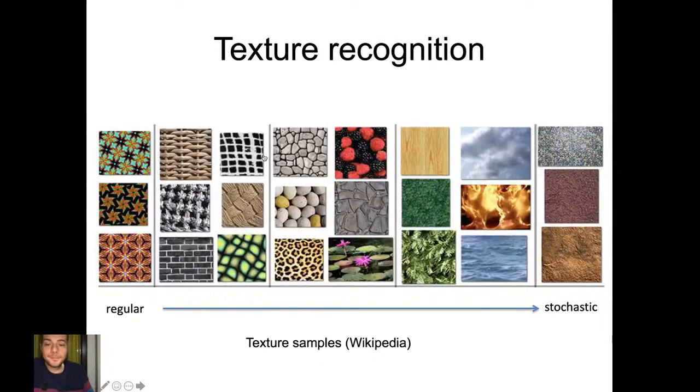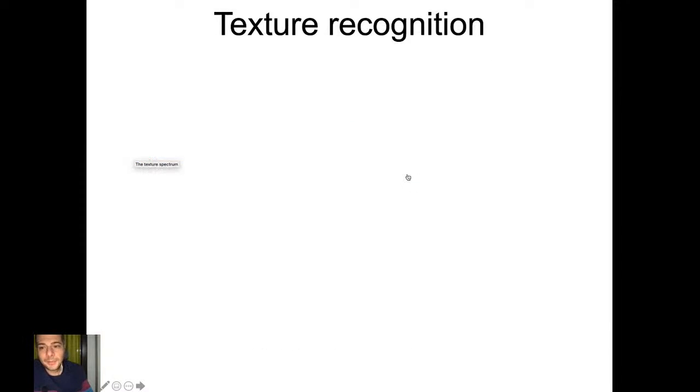So yeah, the texture recognition task is to recognize these patterns that can appear in different contexts, like in nature and also on man-made objects like bricks, textile patterns, and so on.